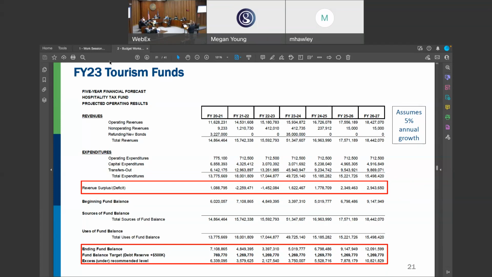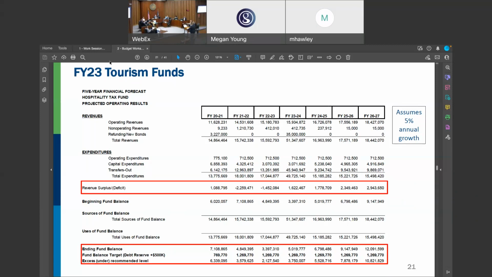The red box in the middle, the revenue surplus or deficit, shows for any given year revenues minus expenses. So when it's a negative number, like FY23, it means we're consuming fund balance. When it's a positive number, we're adding to fund balance. And on the bottom, the red box shows the ending fund balance, any reserve requirement we have in the fund, and then the unassigned fund balance.